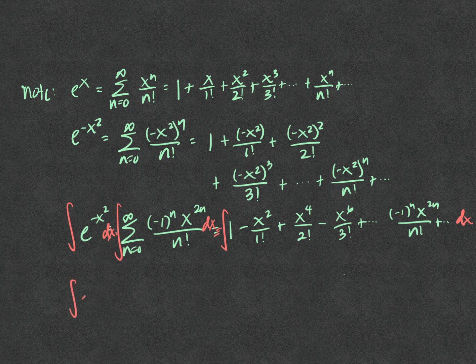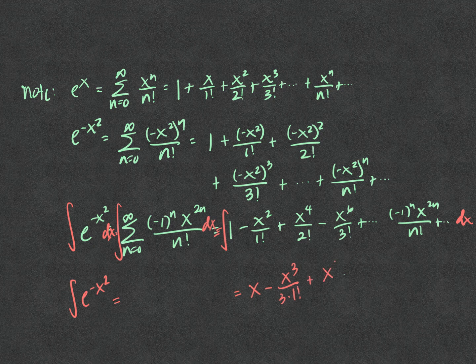So this means the integral of e to the negative x squared equals, now I'm going to skip the middle portion right here and come back to it. I'm going to leave a little bit of space. When you integrate 1, you get x. When you integrate x squared, you add 1, x to the third, and divide by the new power of 3 times 1 factorial.